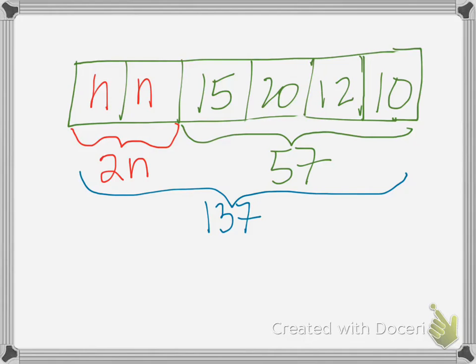From this I can see, before I didn't have it written this way, but I do have 2 n's here, and I have 57 that I know, and I know those added are going to equal 137. So all I have to do is write that first: 2n plus 57 equals 137. Okay, so now I'm going to solve for n.